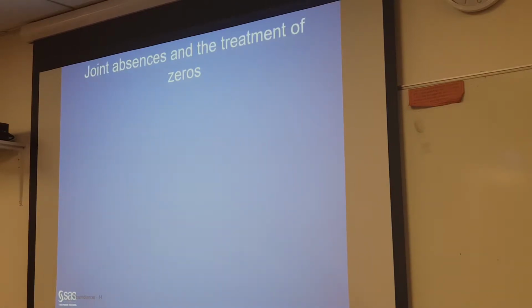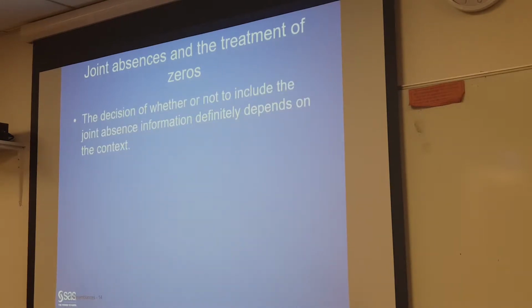So the double zero problem is sometimes called the joint absences problem. I'm comparing 2 different customers. If we've got a 0 and a 0, it's absent for that variable, but it's a joint absence.